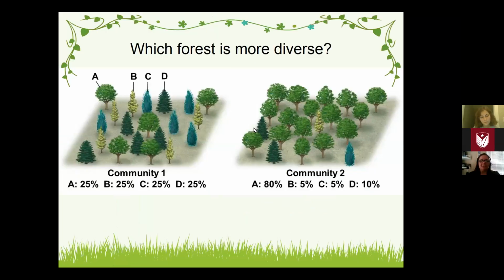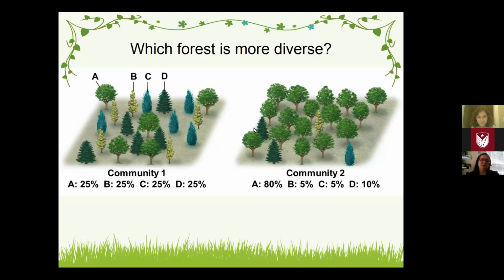You can see on the left and the right we have two different communities with different tree species, and the one on the left has pretty much an even distribution of the 4 different species shown in the diagram. And then on the right, we have community 2, which has mostly species A, and then there are just a couple of the other ones.